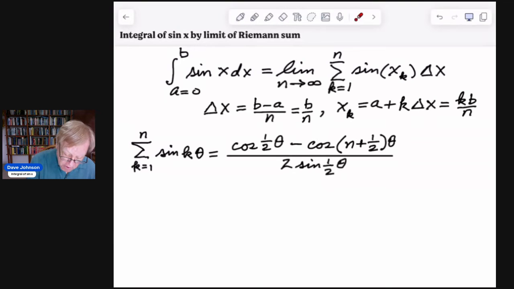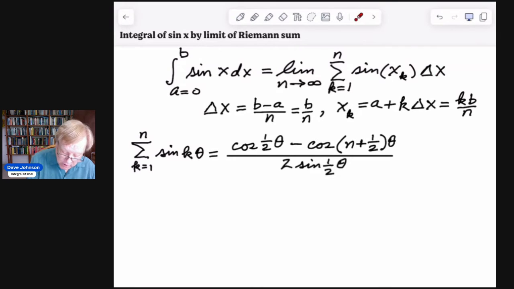So let's remember, when you have a definite integral of this type, it's the limit as n goes to infinity of the sum as k goes from 1 to n of whatever the function is. So in this case, sine of x sub k, k being the index here, times your delta x.